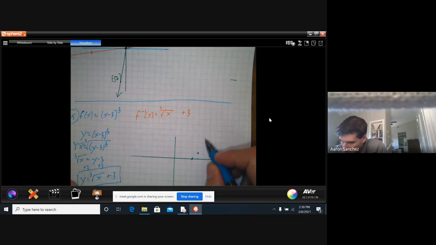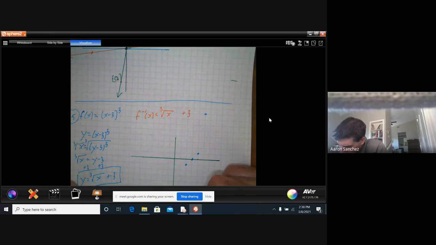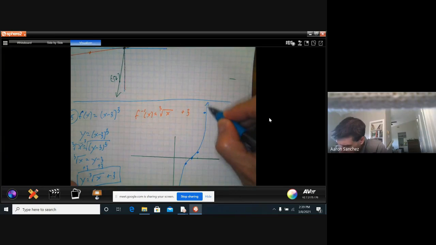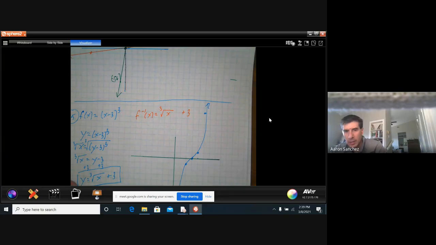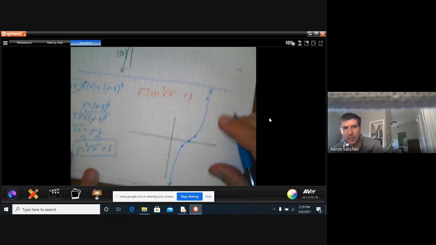Negative 1 cubed is negative 1. Negative 2 cubed is negative 8. Okay, so that's my cubic function. That's my f of x.